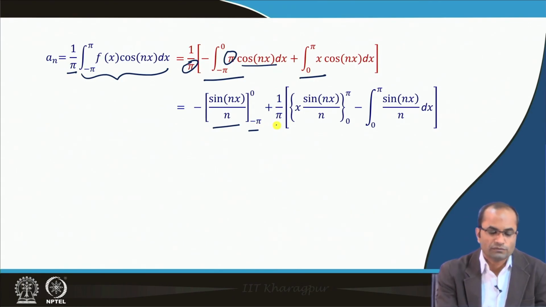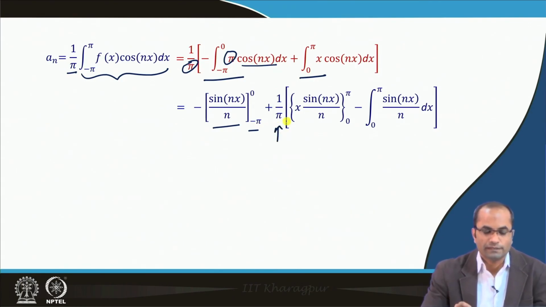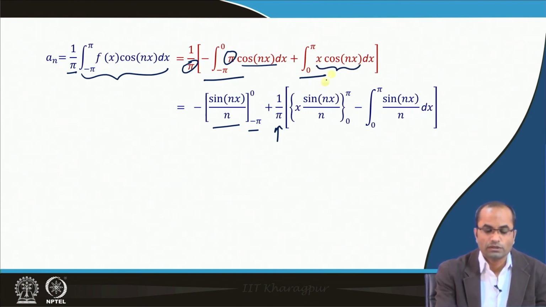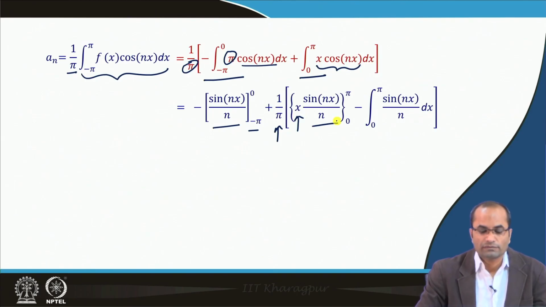For the second one, we have 1 over pi outside, and then we have to apply the partial integration rule. Here the x is there, and from cos n x we will get sin n x by n, with the limits 0 to pi, and then minus the differentiation of x, which will be 1, and then again sin n x over n, with the limits 0 to pi.